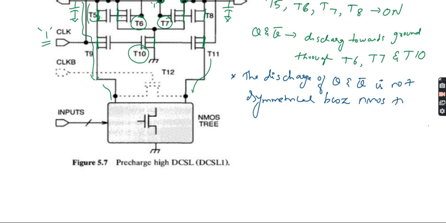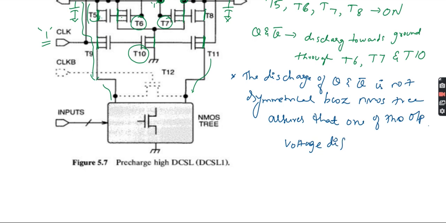the NMOS tree, which will assure that one of the output voltage differentials goes in the right direction.